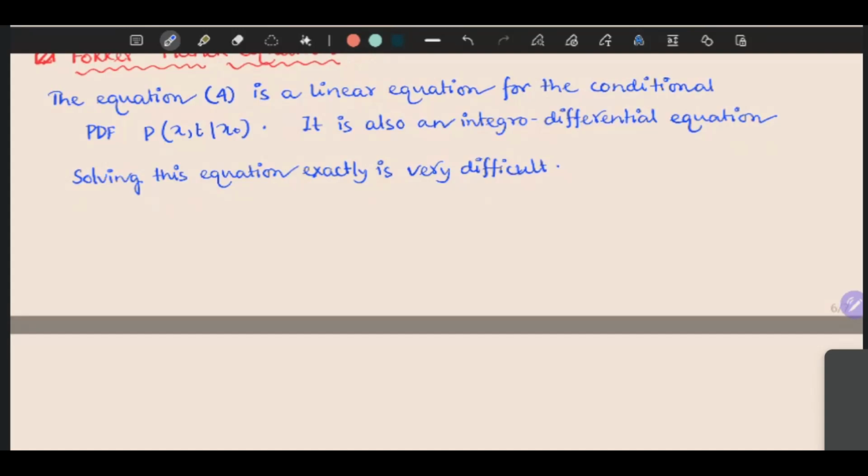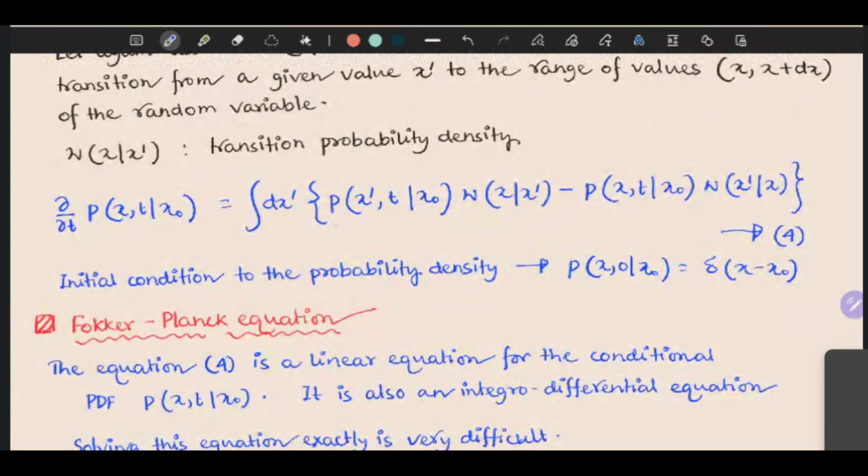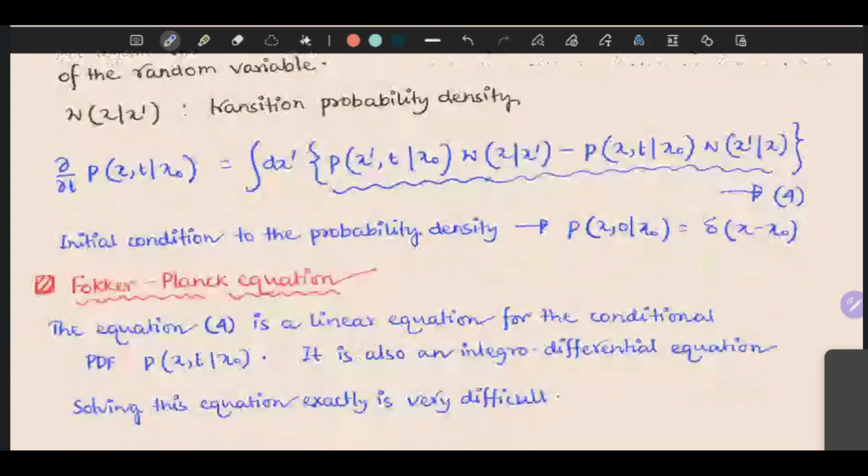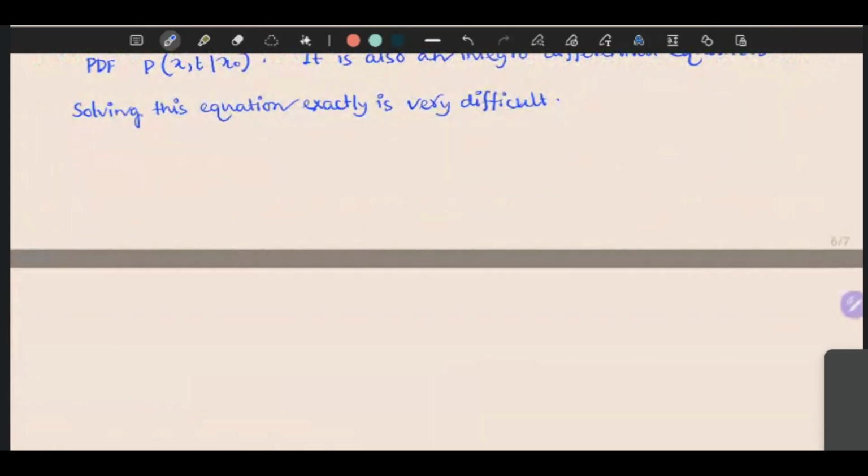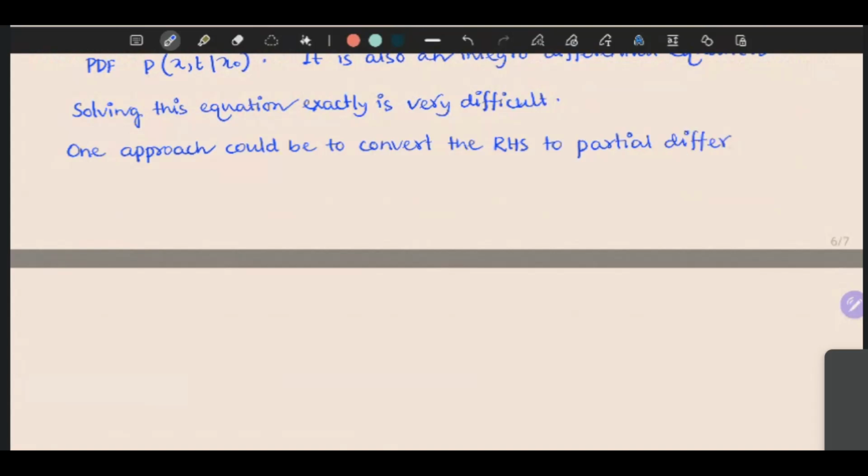Now one approach to this would be to convert the right hand side to a partial differential equation.